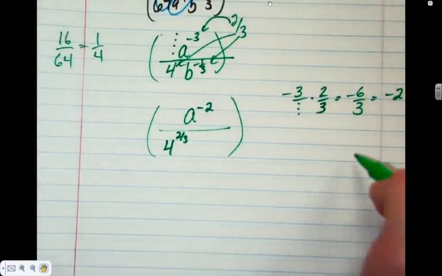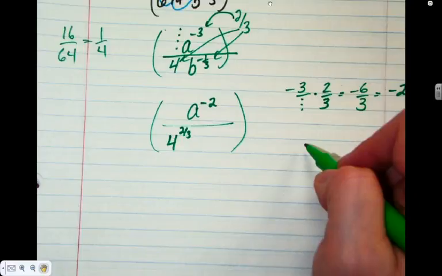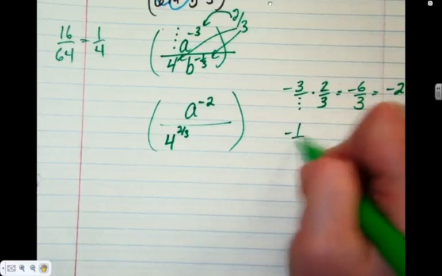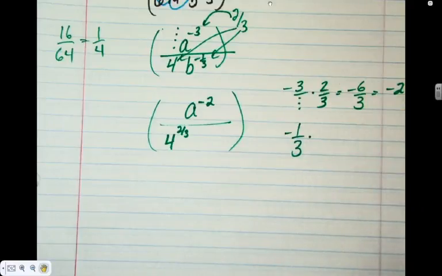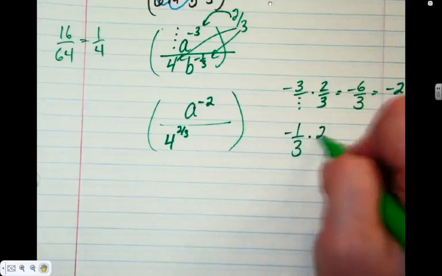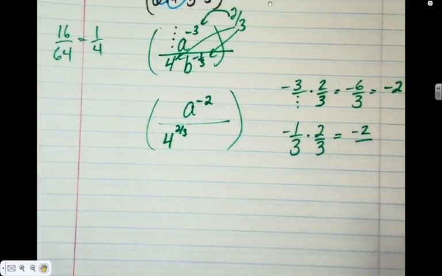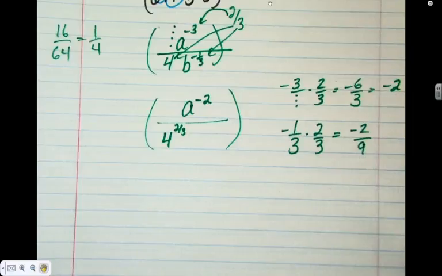What's happening with the B? So negative 1/3 times 2/3. Negative 2/9. Can we reduce that?